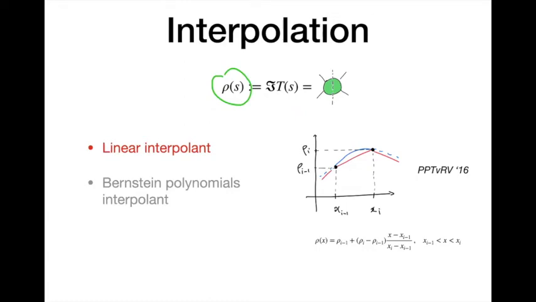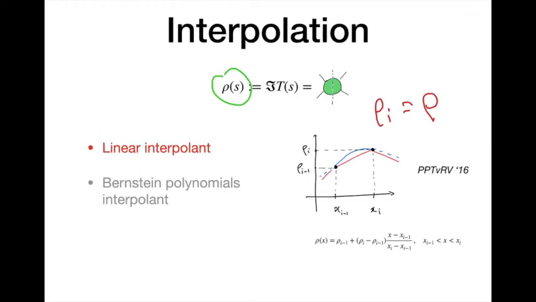We did linear spline interpolation, so the function is just a straight line between successive values of the function, in blue. The linear interpolant is this red curve. Rho i is the value of rho at point xi.